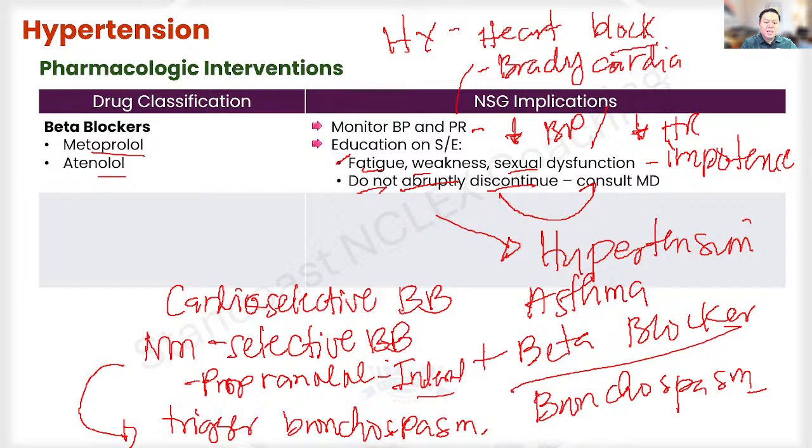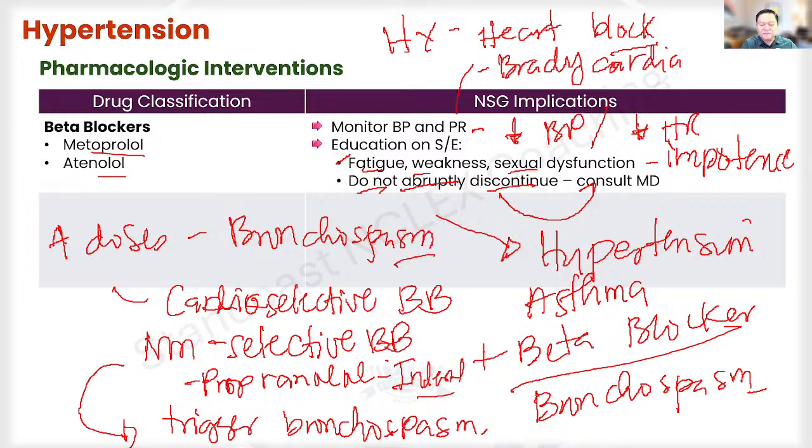Okay, now guys, I'm just emphasizing this right now. Even the cardioselective beta blockers don't usually cause bronchospasm, but they can if the dose is higher. So you've got to be careful, especially if there are adjustments in the cardioselective beta blocker dose, because it can also result in bronchospasm.